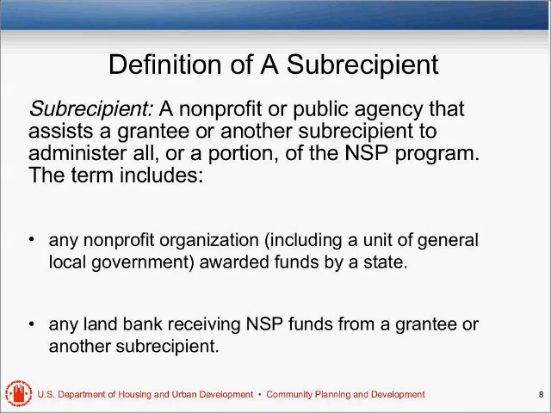It includes any nonprofit or any unit of local government that receives funds from a state grantee. And it also includes any land bank that receives NSP funds from a grantee or another subrecipient. So we've got distinctions here. This is someone who is implementing a portion of the project, as opposed to a developer who's taking risk and doing a deal.